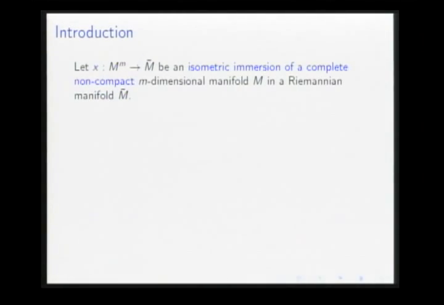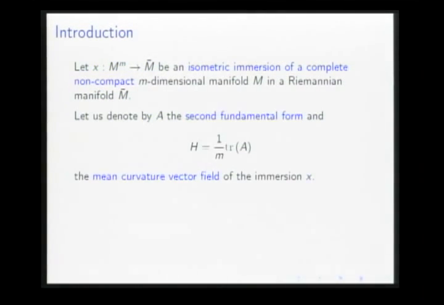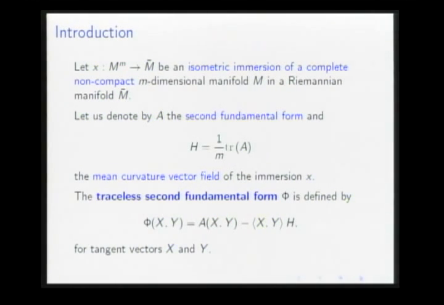So we consider an isometric immersion of a complete Riemannian manifold in another Riemannian manifold M-bar. Let's denote by A the second fundamental form and by H the mean curvature vector field. We also denote by phi the traceless second fundamental form, this tensor.